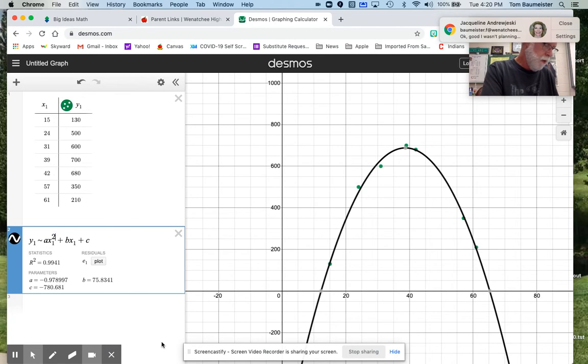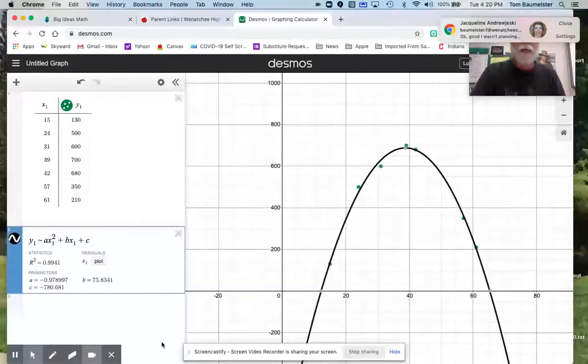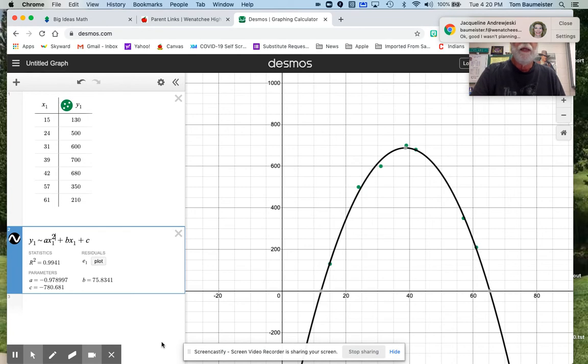So remember, the key here is to see what your A is, what your B is, and what your C is. Now remember, they said to do it to the nearest hundredth. I'm going to stop sharing that because I had written it down. If you've already done it, you should be able to see it on yours.